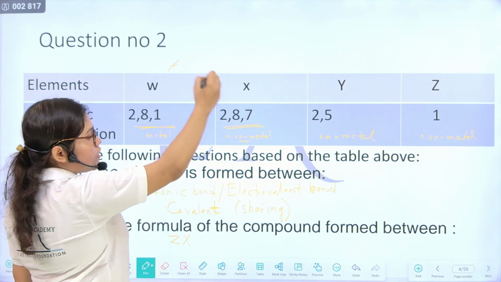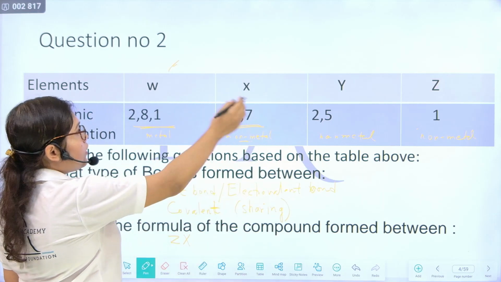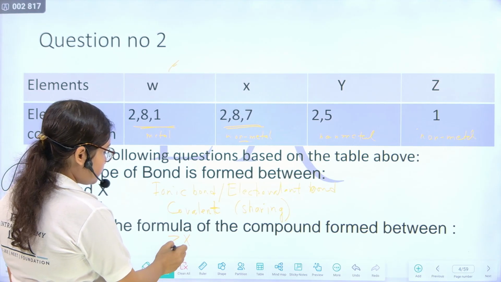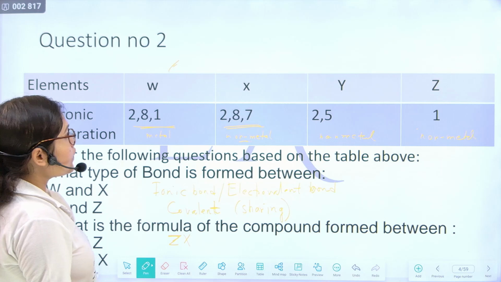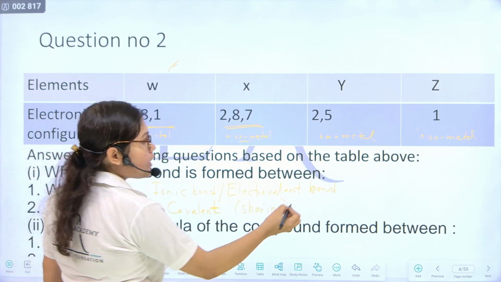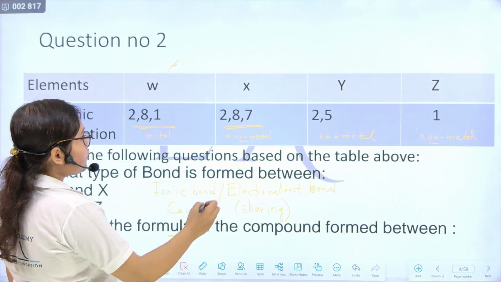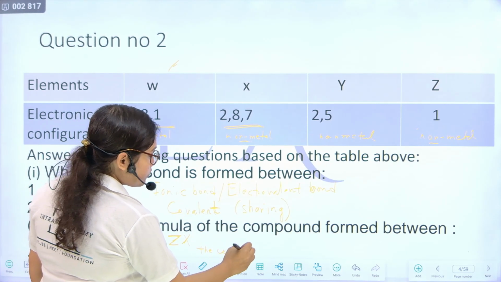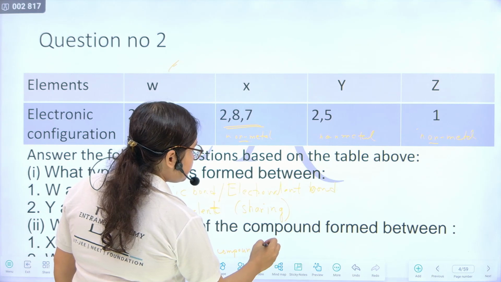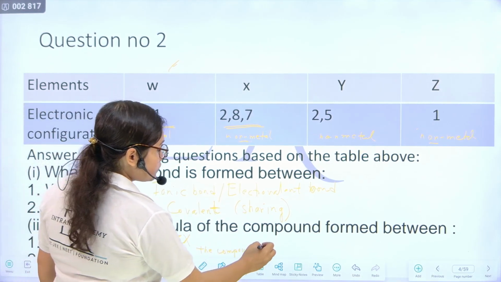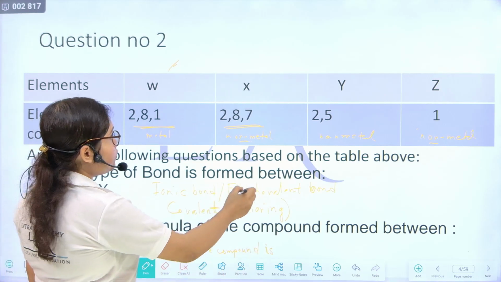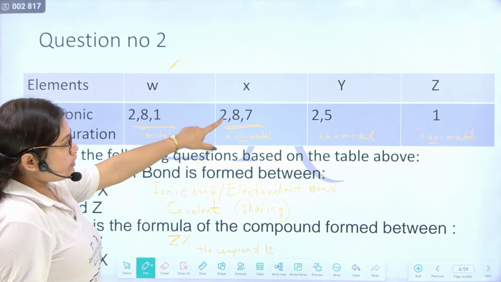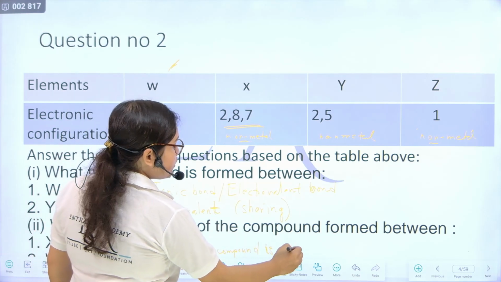W is a metal and X is a non-metal. So clearly the bond is an electrovalent bond, and the compound is WX.